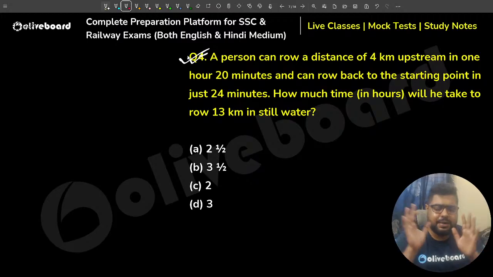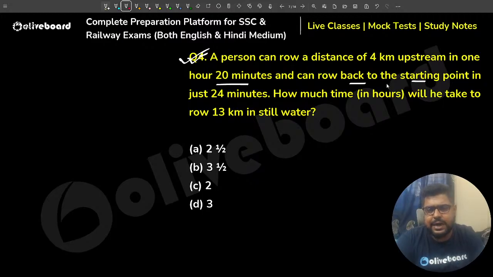Chalo, I'm giving you the solutions directly. A person can row a distance of 4 km upstream in 1 hour 20 minutes and can row back to the starting point in just 24 minutes. Sir, 4 km upstream distance by time 1 hour 20 minutes, meaning 1 and 1/3 of an hour.